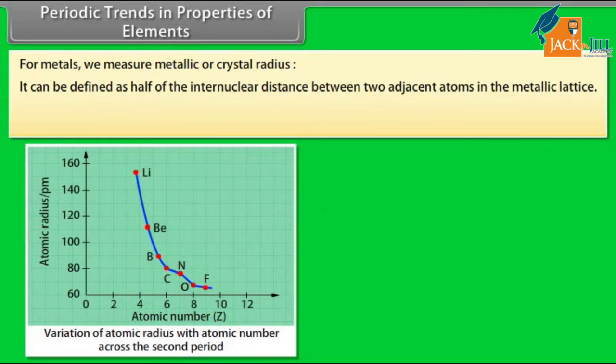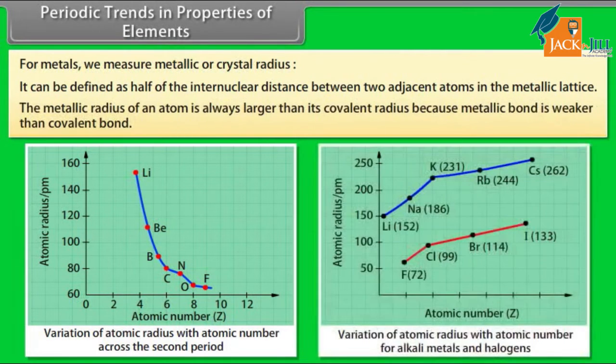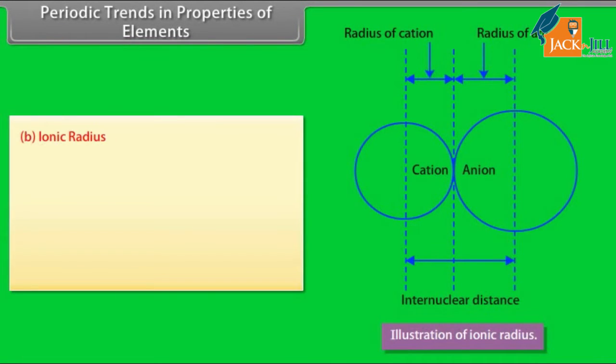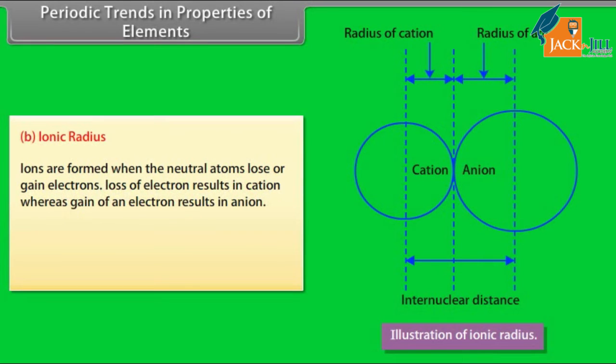It can be defined as half of the internuclear distance between two adjacent atoms in the metallic lattice. The metallic radius of an atom is always larger than its covalent radius because metallic bond is weaker than covalent bond.